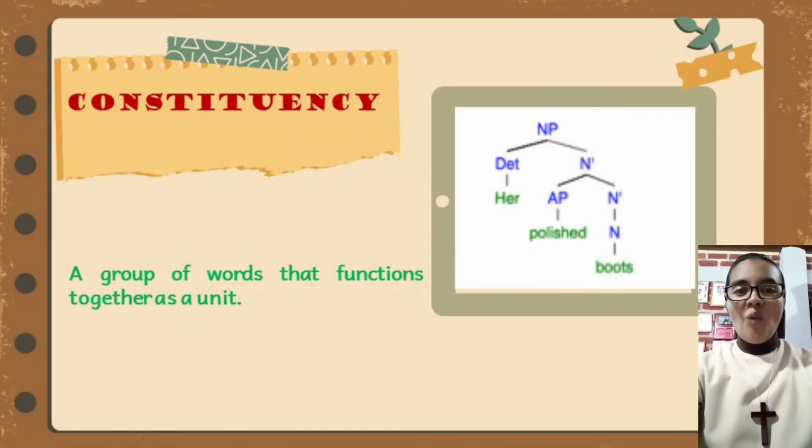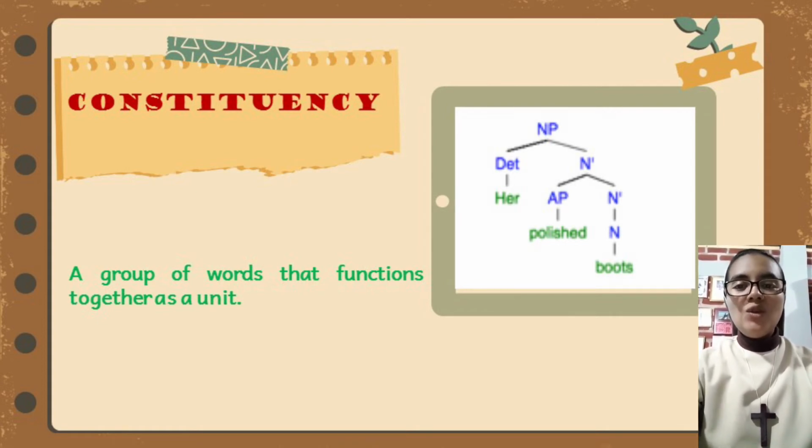What is constituency? It's a group of words that function together as a unit. It's the most important and basic notion in syntactic theory. Also, they can be made up of words, phrases, and even entire clauses, but the most relevant are the phrases. It is a grammatical unit.